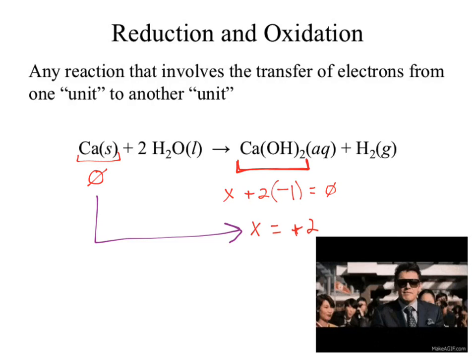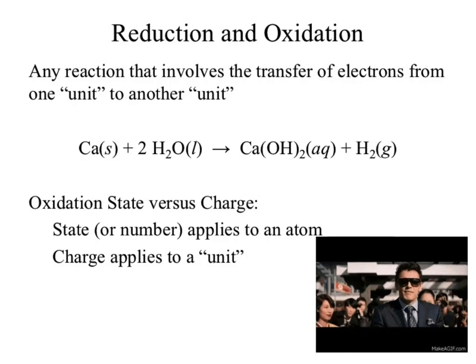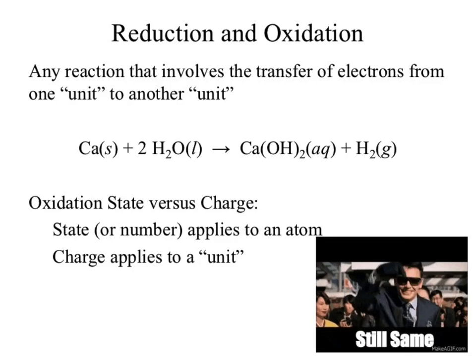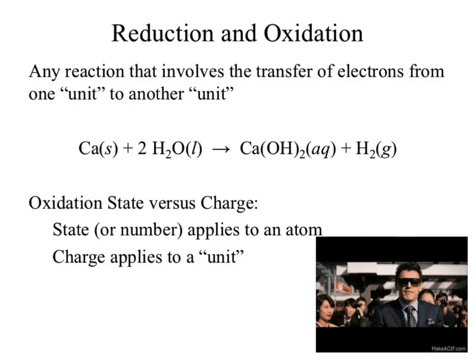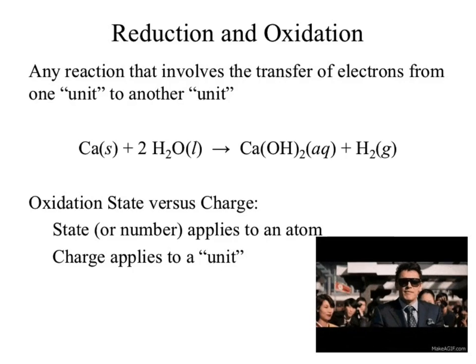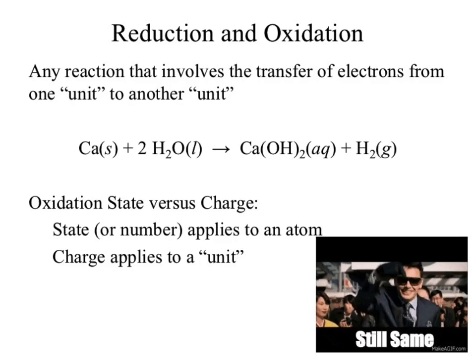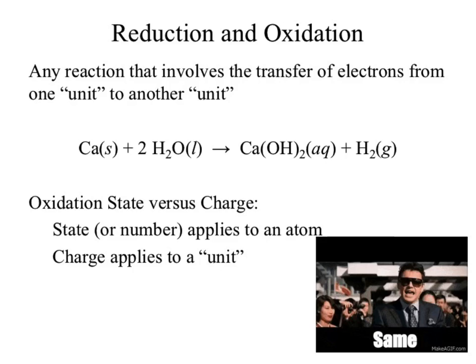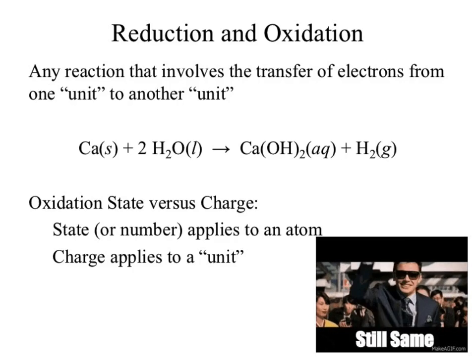Okay? And now we run into this issue of what's happening here, because we started to call this charge. And I would argue it is not charge. Okay? What we're looking at is the oxidation state. The oxidation state is the balance of electrons and protons within an atom. The charge is the balance of electrons and protons in a unit.